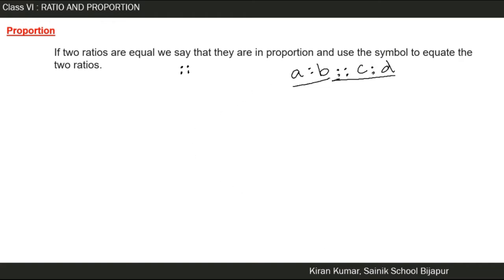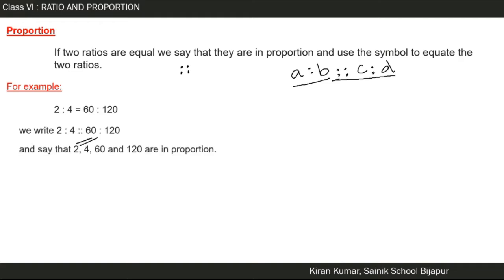For example, 2 is to 4 is equal to 60 is to 120. We write, using the proportionality symbol, 2 is to 4 proportional to 60 is to 120. We say that 2, 4, 60 and 120 are in proportion.